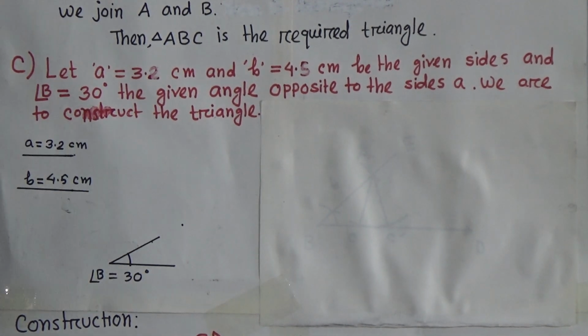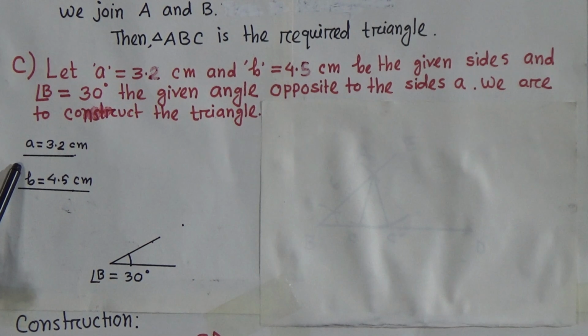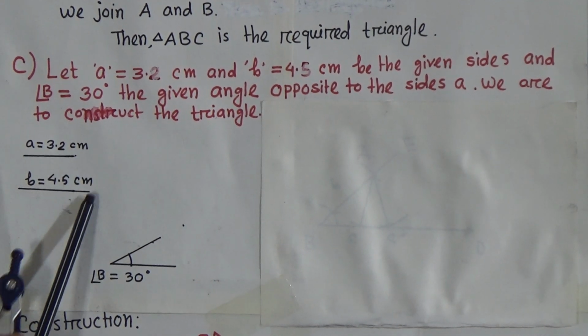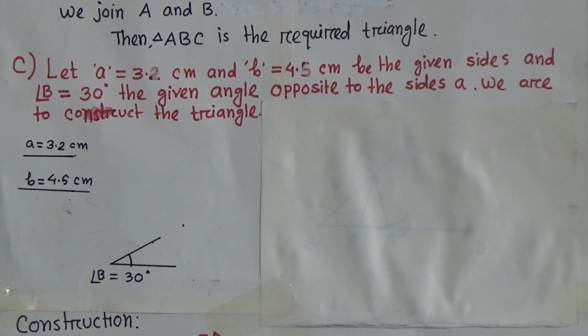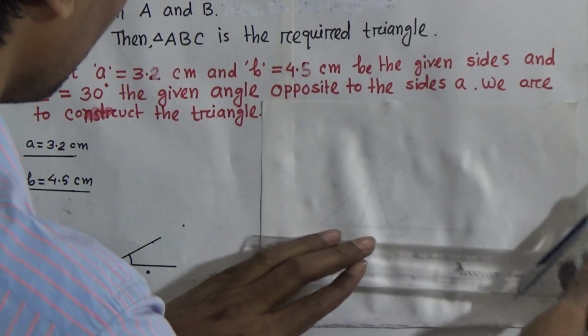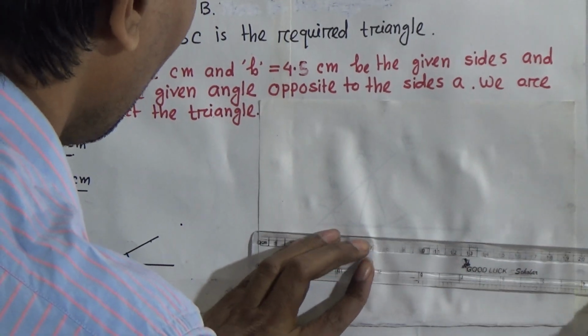Okay. Look, I have drawn here A equal to 3.2 centimeter, B equal to 4.5 centimeter and angle B equal to 30 degree. Okay. So at first we have to take any ray BD.